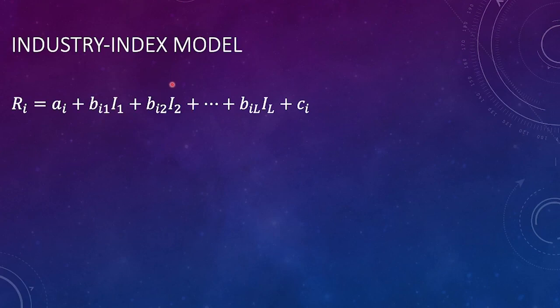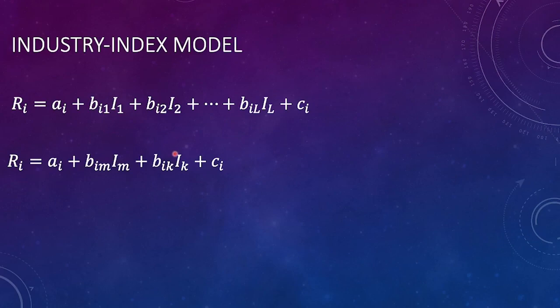So what we can do is reduce our formula to reflect that, right? The individual stock depends partly on its own part, partly on the market, and partly on the industry to which that stock belongs, and nothing else. So all these dots are gone. This I1, I2, I3 up to IL is reduced to the market and that particular industry, right?